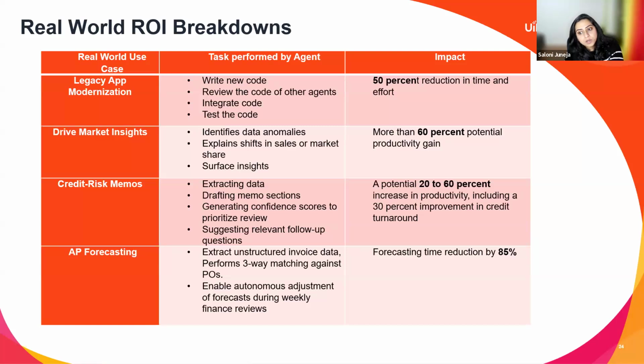They can integrate the code with different features that are available, maybe APIs, etc. And very interestingly, these agents can actually test the code that might be developed by another agent. So this is giving a lot of benefit in terms of improving productivity and time by almost 50%. So these are some of the use cases that companies are also adopting.